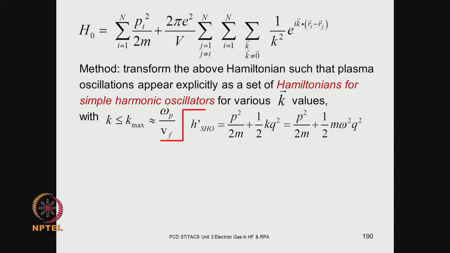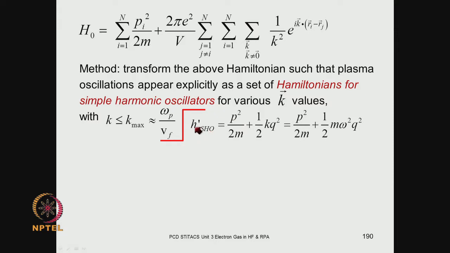So, we have to exercise those series of transformations, and finally, we are expecting to find a form of a Hamiltonian which looks like the Hamiltonian for the simple harmonic oscillator. This is the Hamiltonian for the simple harmonic oscillator, right? Q and P are the position operator and the momentum operator.